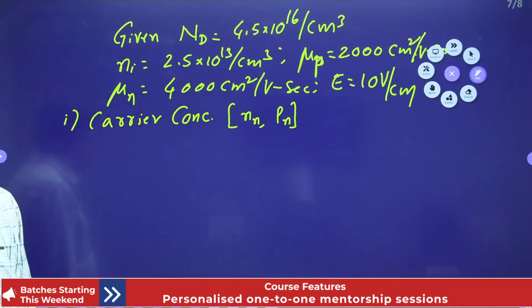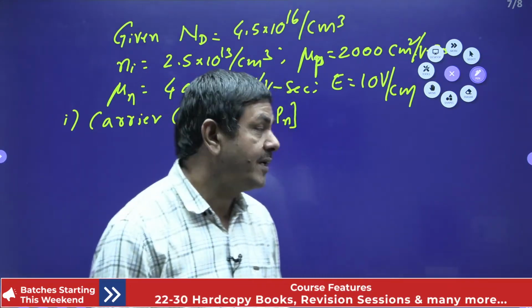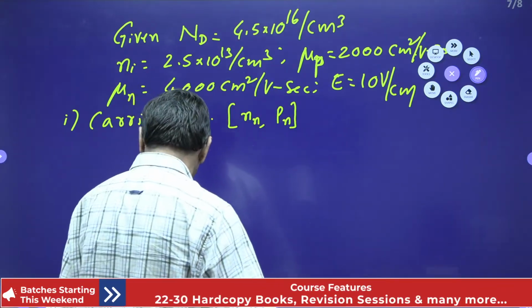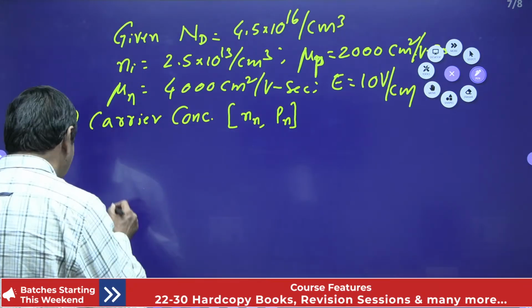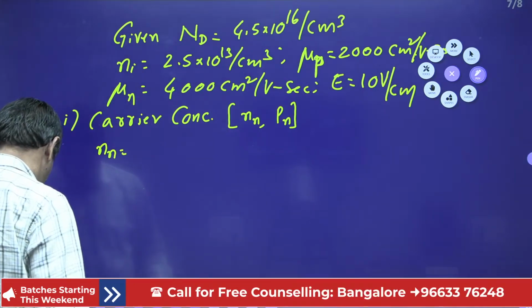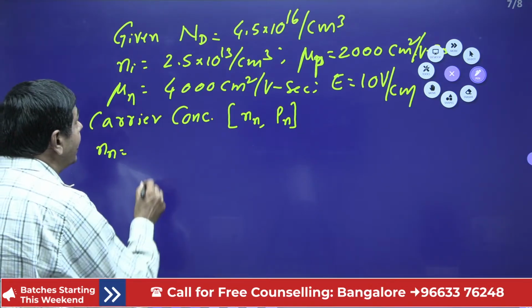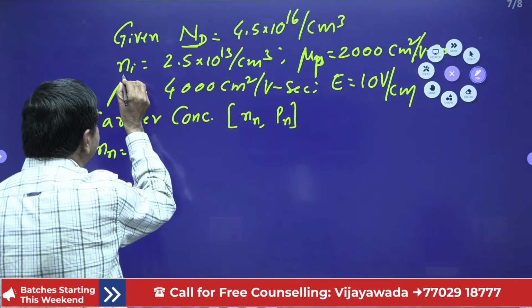Those two are required. Without knowing those two, we can't proceed. Understand now how we can get these two. The concentration of electrons, what is given already? Nn equal to. But the Ni value and Nd value, you try to compare.